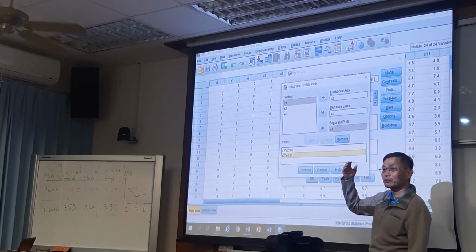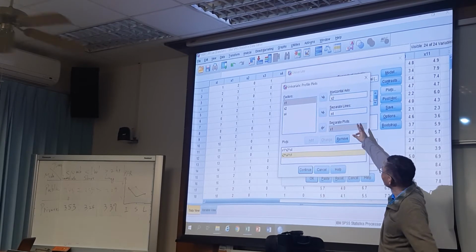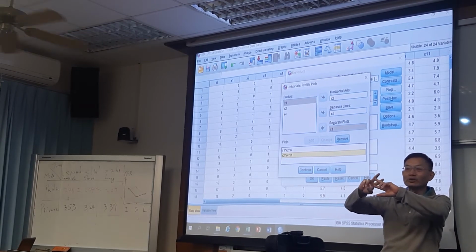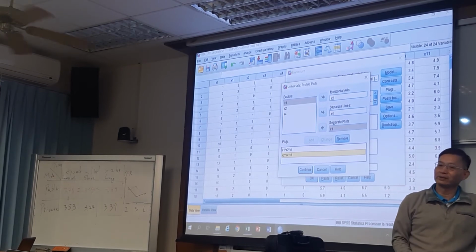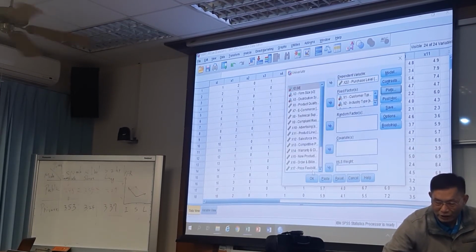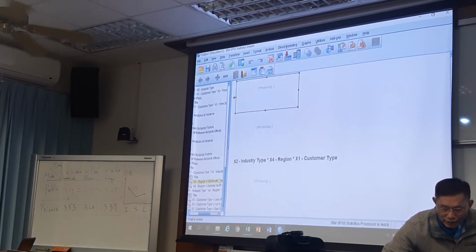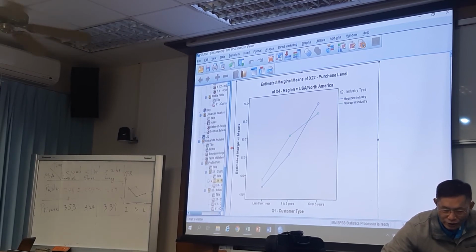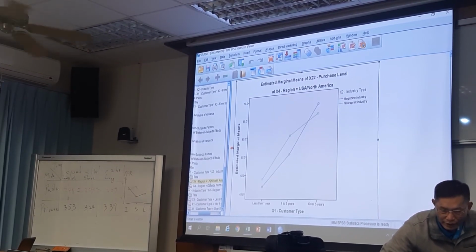Because X1 has levels 1, 2, 3, the plot will look like 3 by 2. So which one do you prefer? I'll show you. Which one is better? Here, you will see.